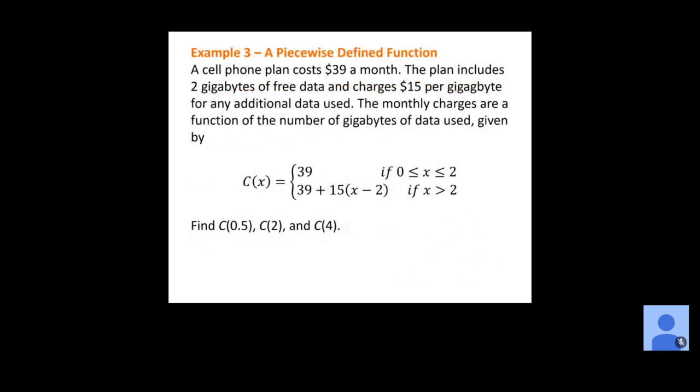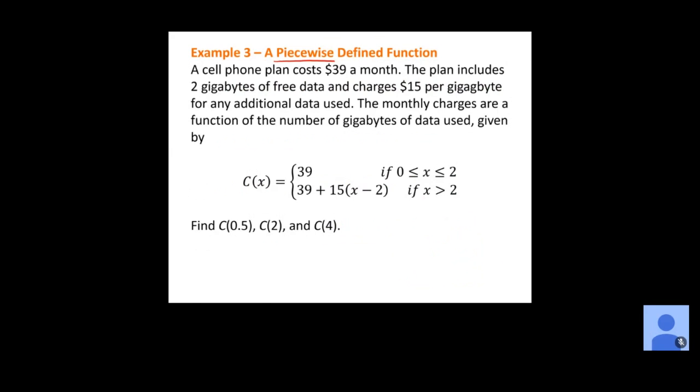All right. Example 3. Okay, so this is what we call a piecewise function. Whenever you see a function like this that has a little brace on it, and you've got multiple pieces of a function defined for different parts of your domain. Notice the first piece is from 0 to 2, and the other piece is everything greater than 2.